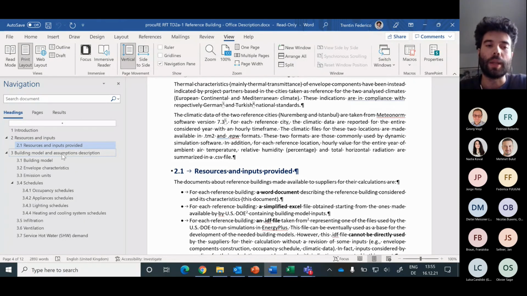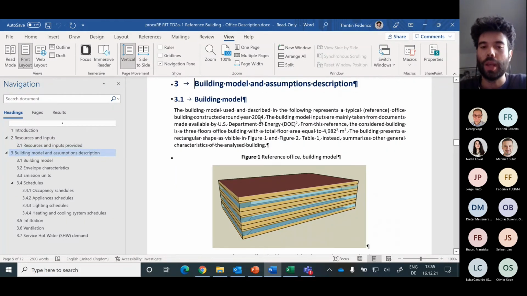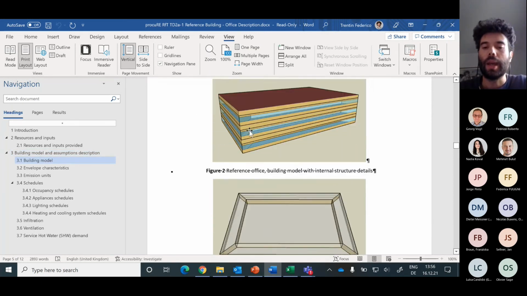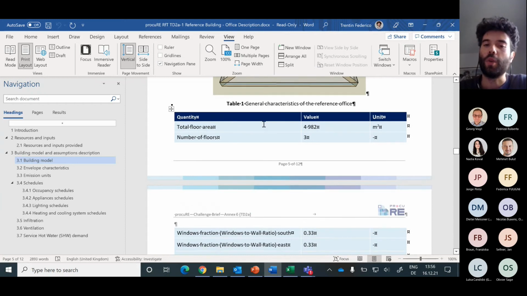We go to the building description, and in particular we presented the building model to be used, where the information is mainly taken, and a series of information regarding basically the geometrical part in the first table.